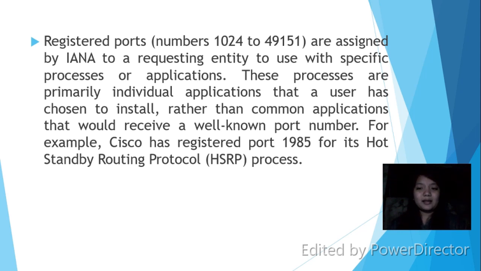These processes are primarily individual applications that a user has chosen to install, rather than common applications that would receive a well-known port number. For example, Cisco has registered port 1985 for its Hot Standby Router Protocol, or HSRP.